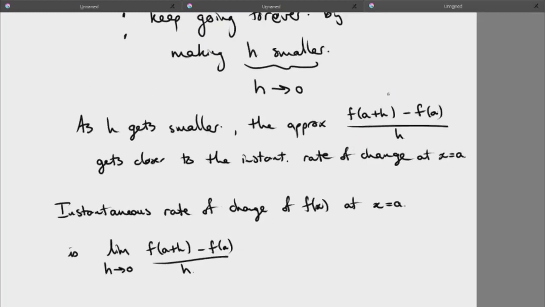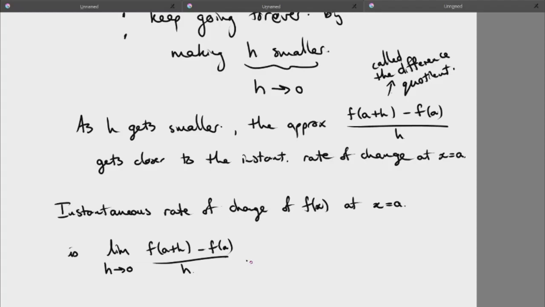Not that I care at all, but in case you see it in the book, this is called the difference quotient. I honestly don't care, but I have to care because that's what it's called. I'll never use it. In case you see it somewhere, they're only talking about that average approximation.